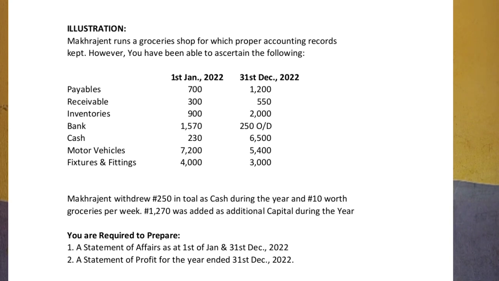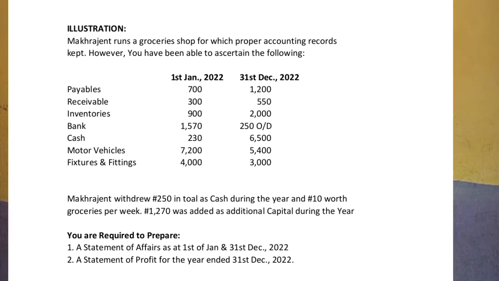Mokoje withdrew 250 naira in total of cash during the year and 10 naira worth of groceries per week. 1,270 was added as capital during the year. You are required to prepare 1. a statement of affairs as at 1st January and 31st December 2022. 2. A statement of profits for the year ended 31st December 2022.